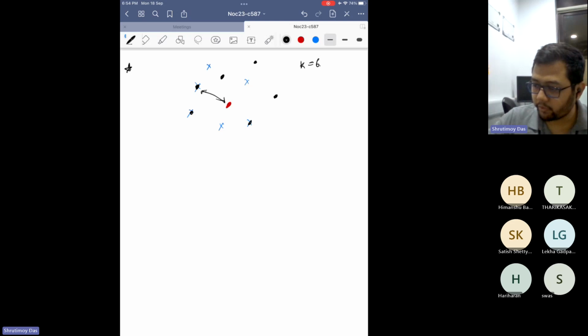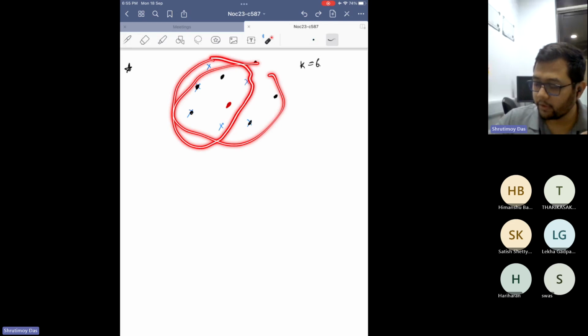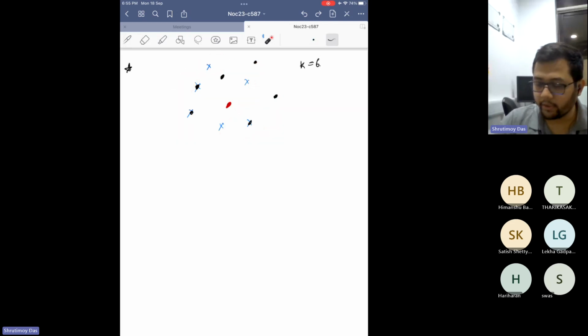But as you increase k, as you try to find more and more nearest neighbors, you are predicting these black points, and the actual ones should be these blue points. So as you increase k, this error will increase. If you just want to predict the top 2 points, the error will be much less because this one is zero and this one has some error.